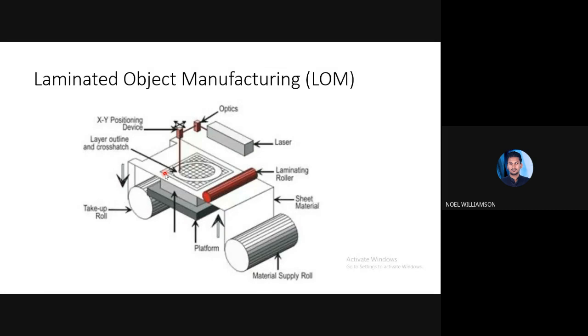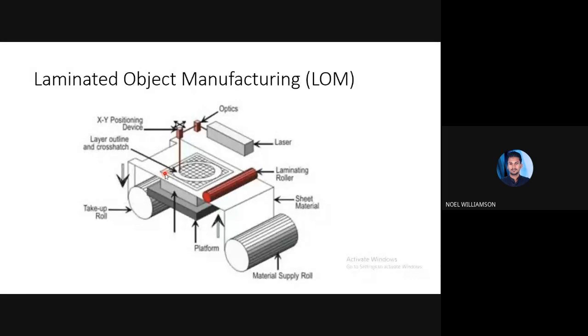Then we feed it into the machine for laminated object manufacturing. The machine will analyze the model layer by layer. So the first layer it will create, then second layer, and so on.